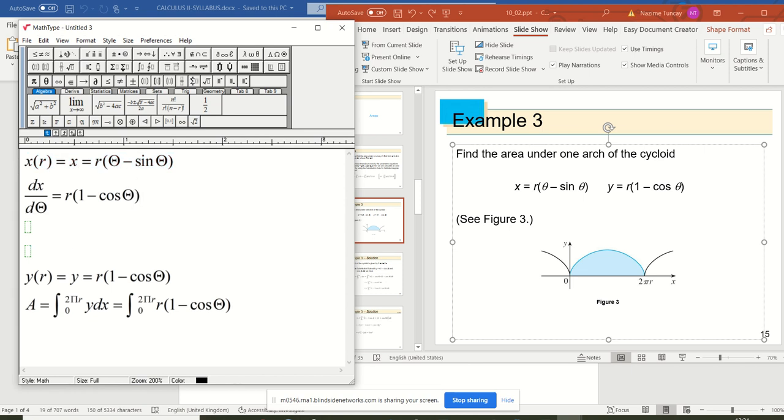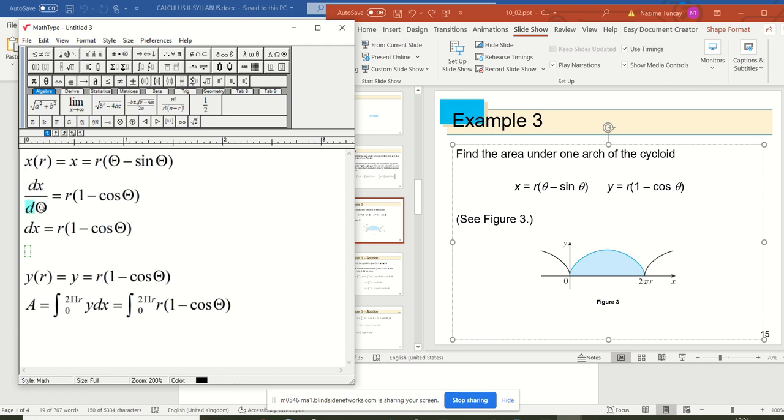So what is my next step? My next step is taking this d theta to the other side of the equation. So I will have dx equal to this one, multiplied by d theta. It comes here when I cross multiply. So this is multiplied by d theta.